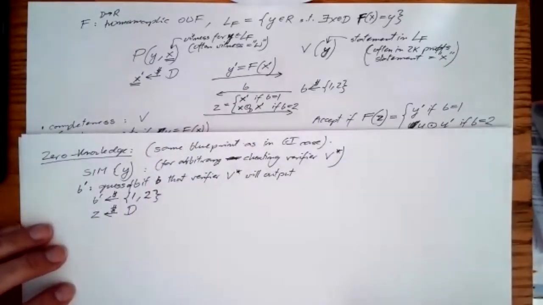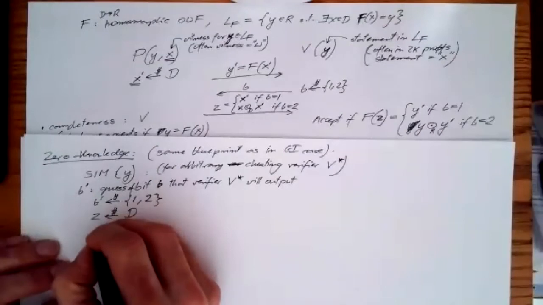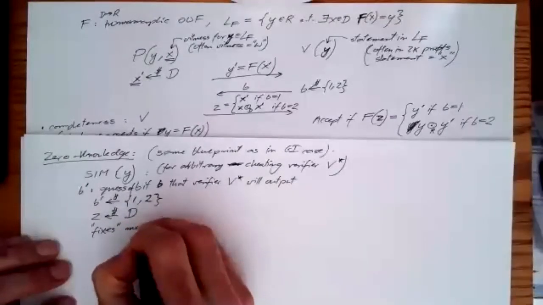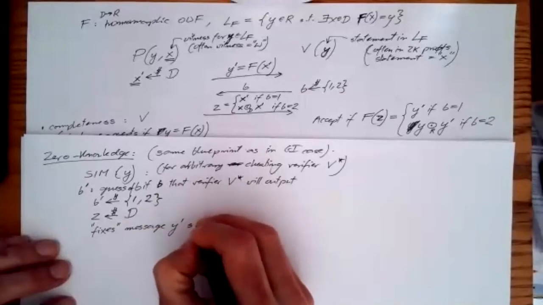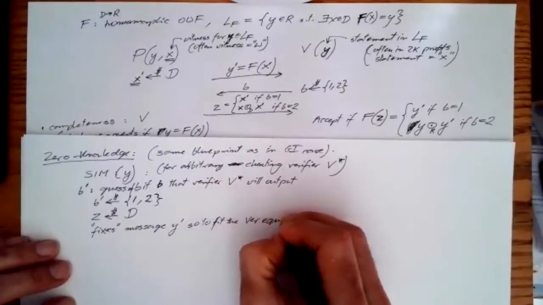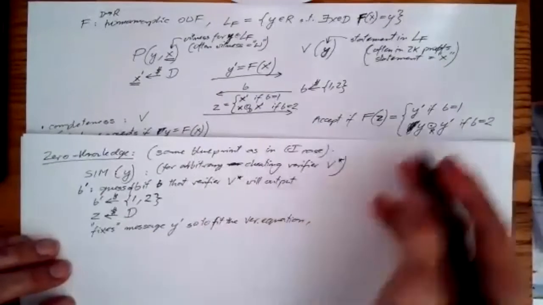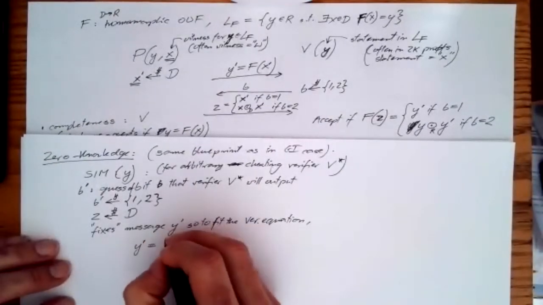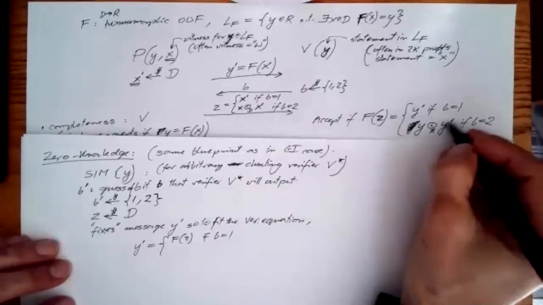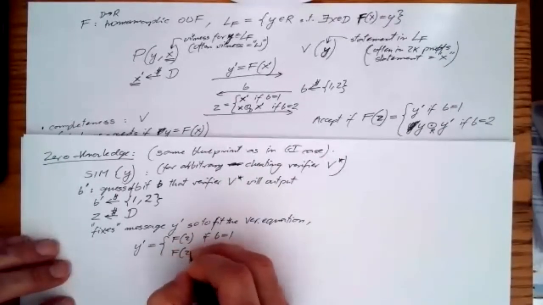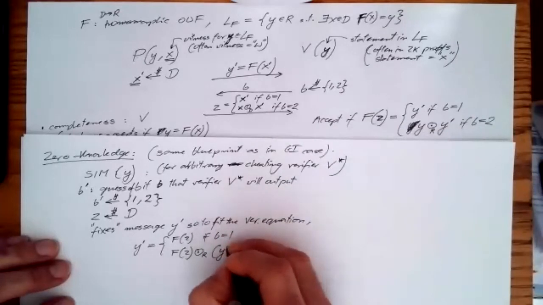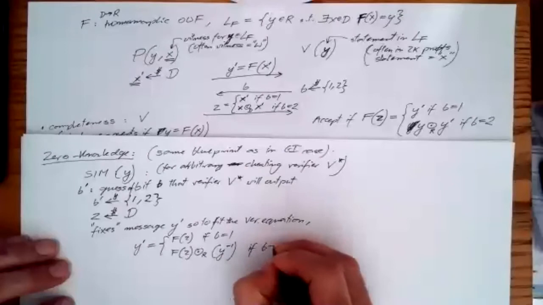And then it fixes the message Y prime so as to fit the verification equation, namely Y prime must be either F of Z if the bit is 1, or Y prime is computed as F of Z with the group operation applied to the inverse of Y if B is 2.